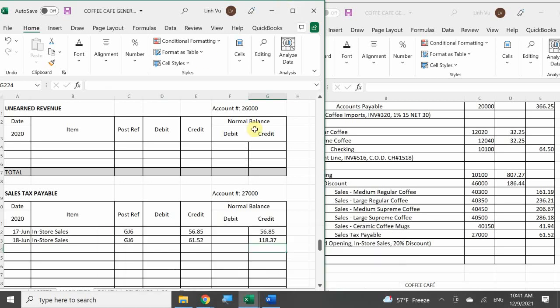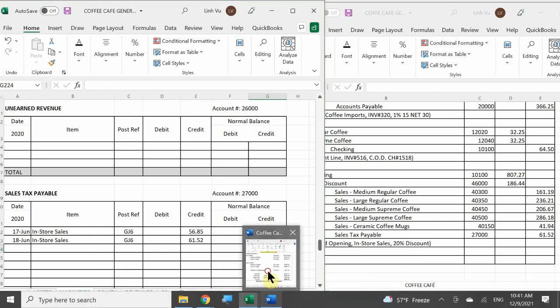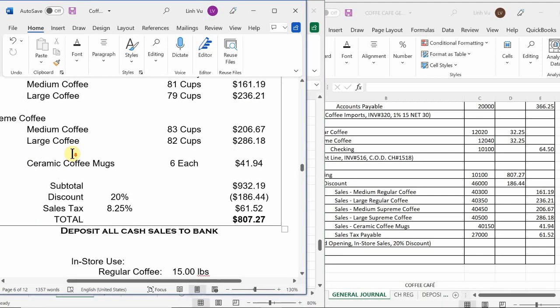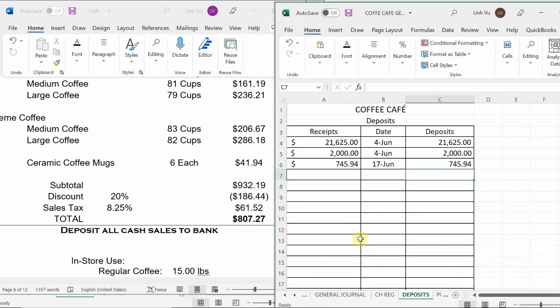Good. Okay. So then let's see what has happened next, because this is an internal transaction once again. We didn't deal with anybody, right? These customers, we don't know who they are. But it does say right here that we need to deposit all cash sales to the bank. So go to your deposits, right?